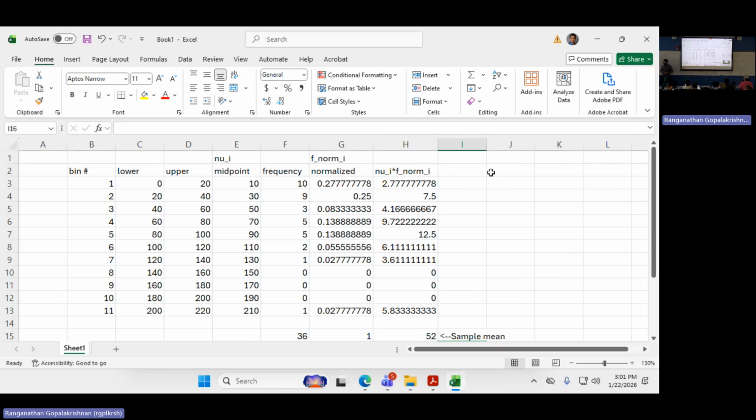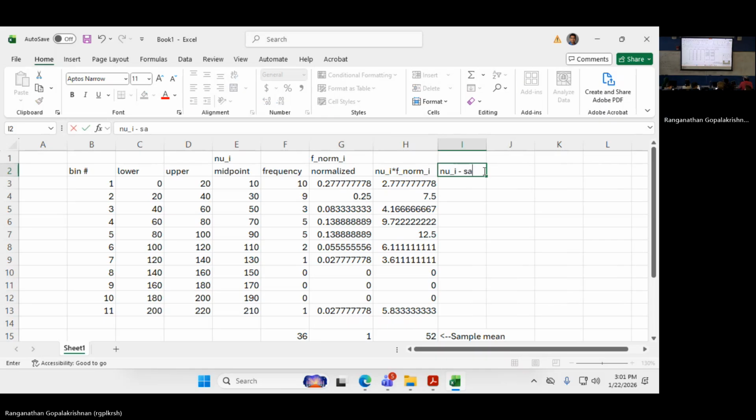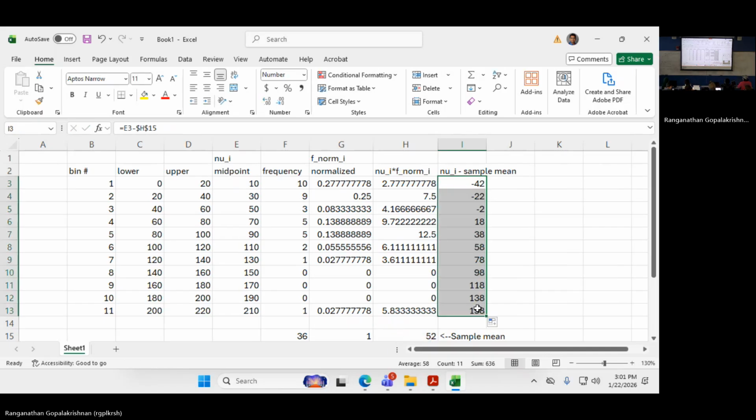Okay. So let me first compute that column, nu i minus sample mean. That will be midpoint minus sample mean. Look at this column, tell me if this makes sense to you.